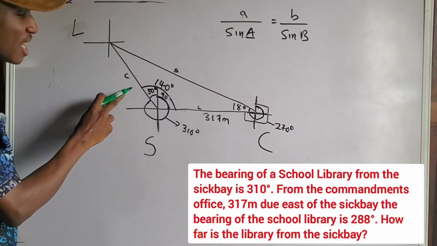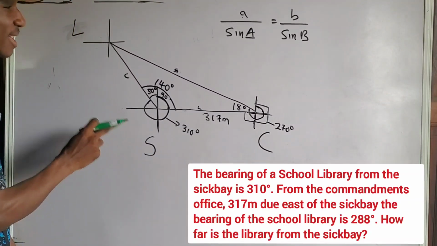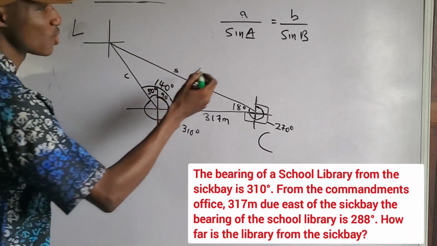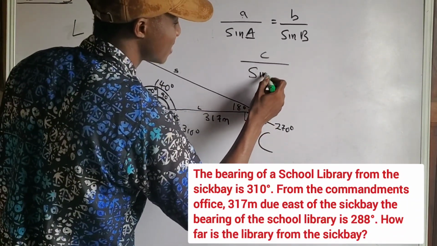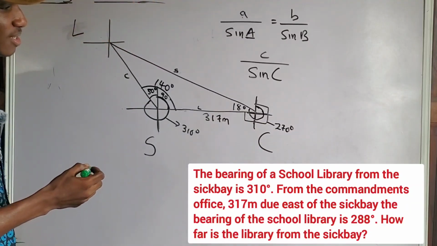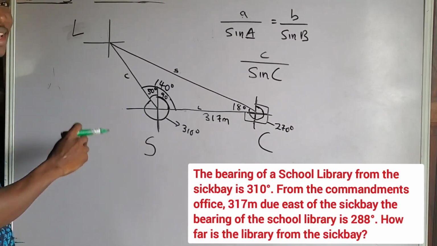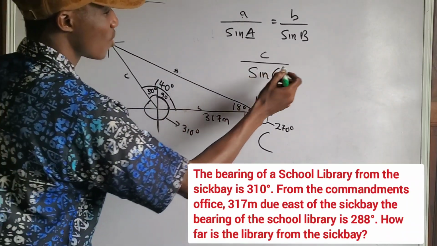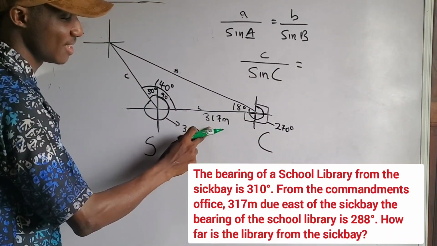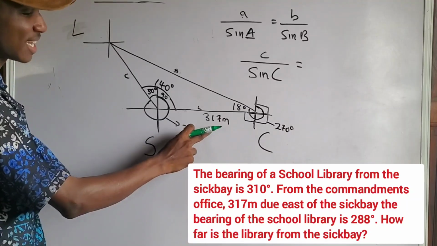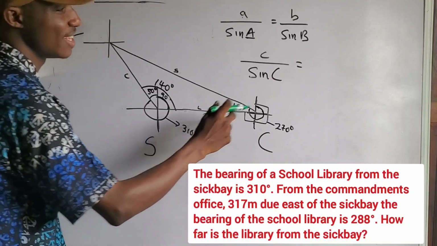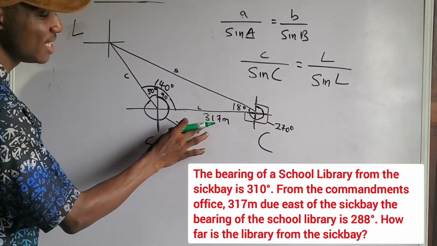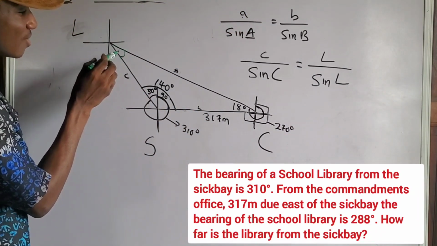Now, with respect to this diagram, we are looking for line LS, which is represented as small letter c. So I'm going to have c over sine C equals, now we are given this side, l. So l over sine L. That means the angle we need is this smallest angle.